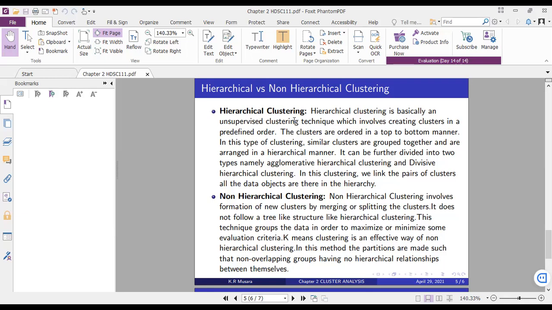In this type of clustering, similar clusters are grouped together and arranged in a hierarchical manner. It can be further divided into 2 that we've discussed above. And then non-hierarchical clustering involves formation of new clusters by merging or splitting the clusters. So you can look at this and ask yourself what differences you can pick out from there.